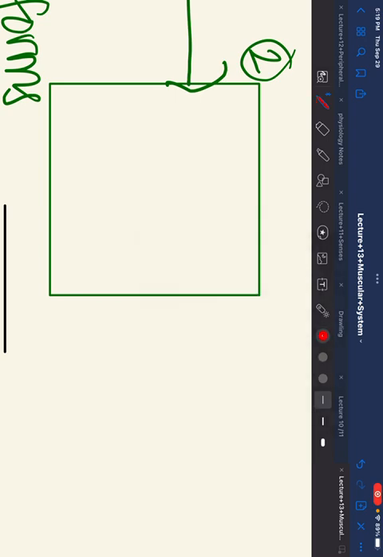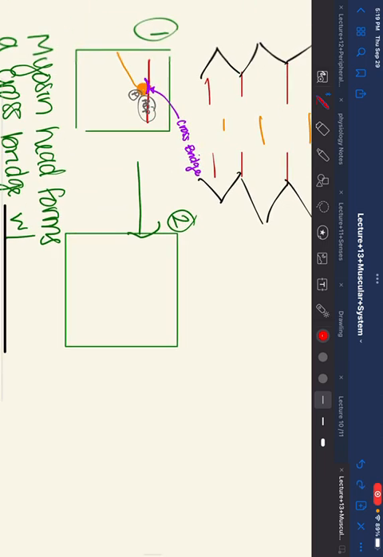Let's draw the next phase. Notice the position I'm drawing the actin thin filament. It's not as close to the end here as it was on this side. So let me just draw the picture and then we can explain it.